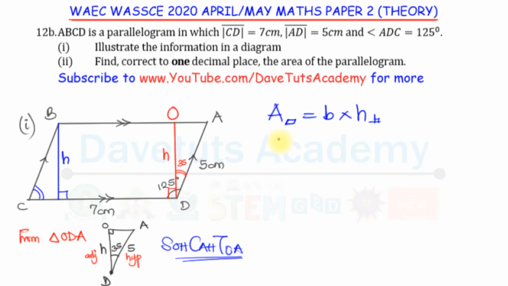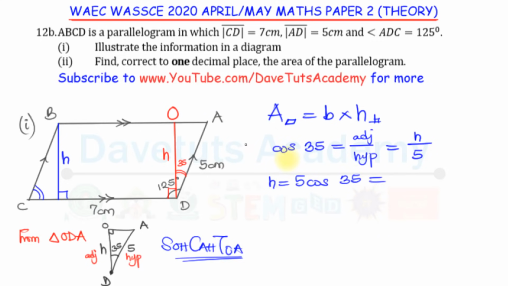So from here I can say cos 35, which is nothing but adjacent over hypotenuse, is going to give me the adjacent is h that we are looking for, and the hypotenuse is 5, such that h will be 5 cos 35 degrees.